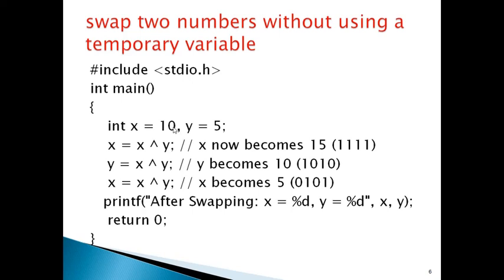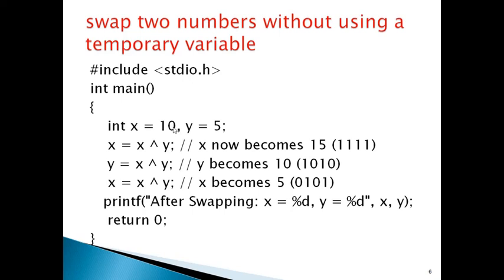We take one temporary variable, first move the first number into the temporary variable, then move the second number into the first number, then move the temporary variable's value into the second variable. This is the swapping of two numbers using a temporary variable.